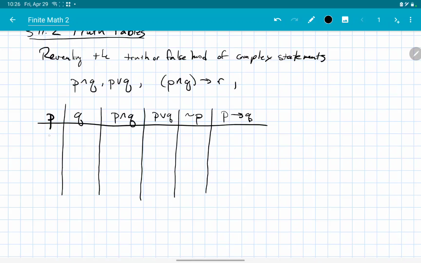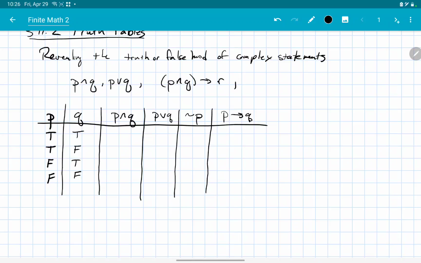The way we do that usually is P is true, true, false, false. Q is true, false, true, false. That will be enough to give us all possible combinations of P and Q being true and false.